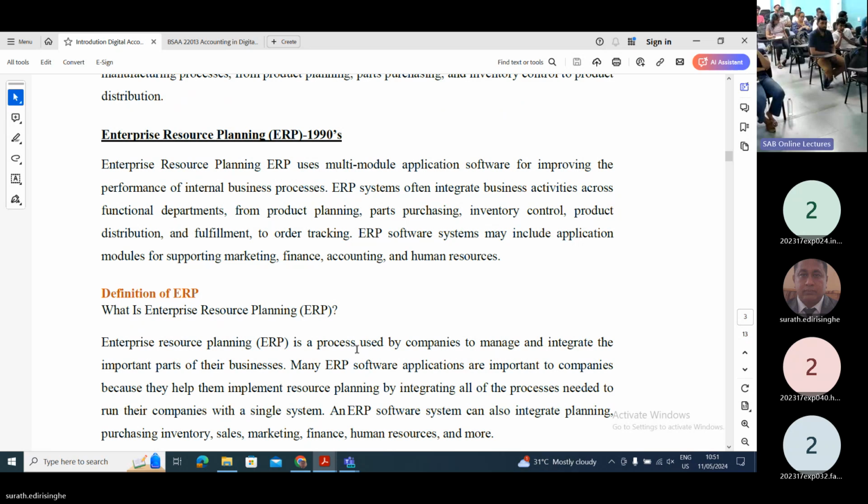Enterprise resource planning, ERP. Before moving to the ERP, let me simplify that. E means enterprise. R means resources. What are the resources available at your organization, your company in general? Machines is one resource, correct?